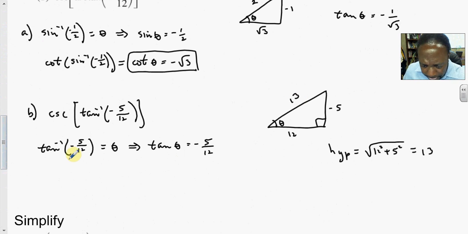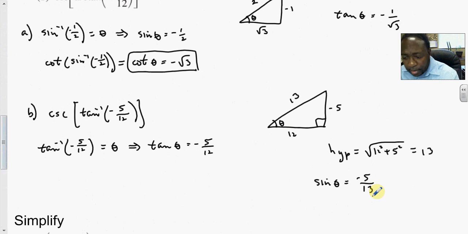So here, the cosecant is the reciprocal of the sine. So sine theta is negative 5 over 13. And so the cosecant of that would be just the reciprocal of this.